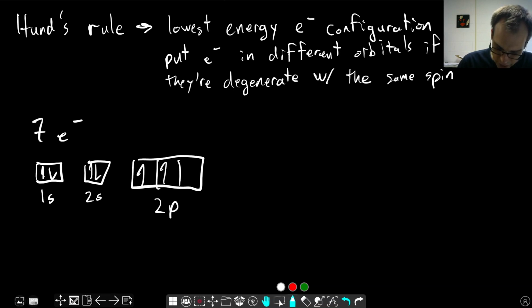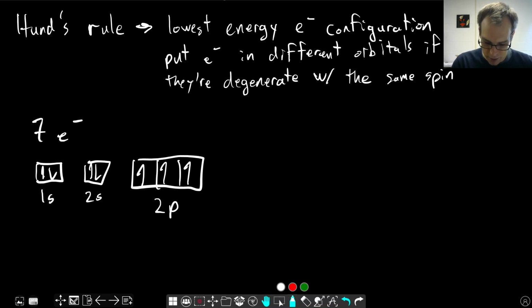We'll have 1 electron in each of those orbitals, and all of them will have the same spin. It could be spin up, it could be spin down, that part doesn't matter. Once we have put 1 electron into each of the orbitals, then we start filling in the other electrons.